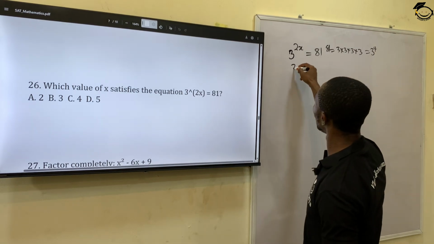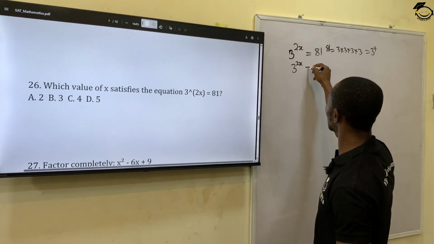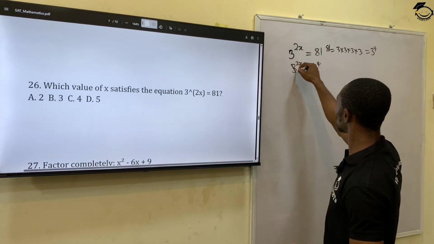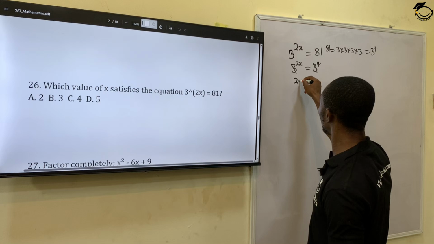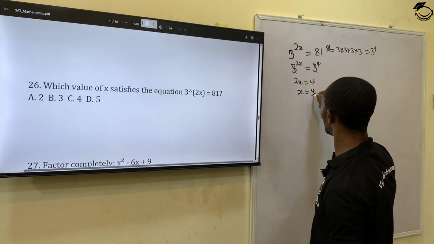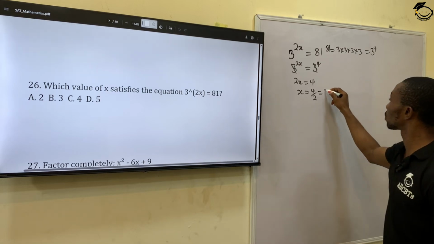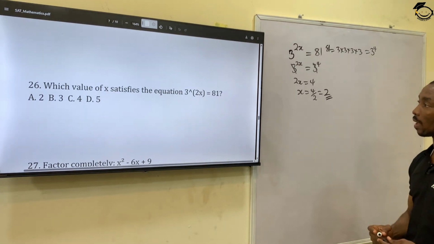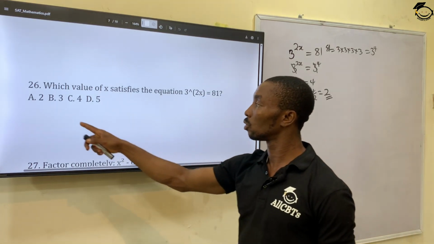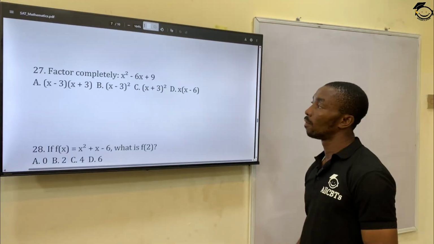So this will be 3 raised to power 2x equals 3 raised to power 4. We can equate our bases, which are equal. This becomes 2x equals 4. So x equals 4 over 2, which will give us 2. So the value of x that satisfies this equation would be 2, which is option A.